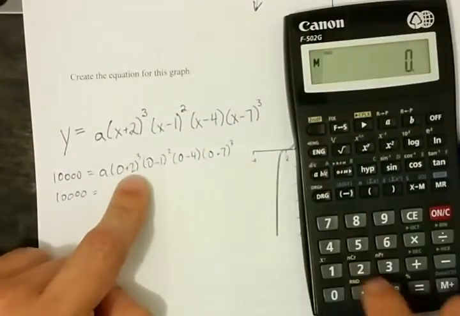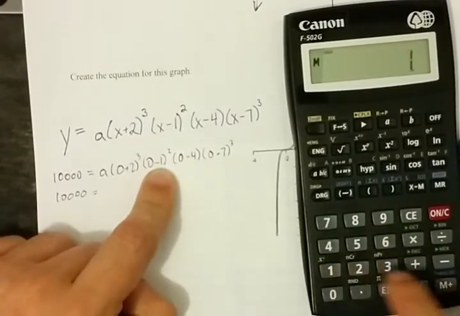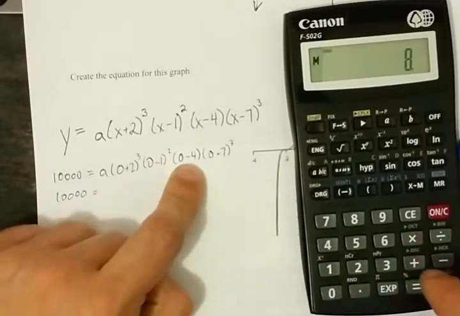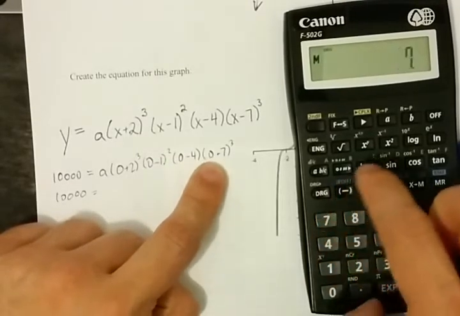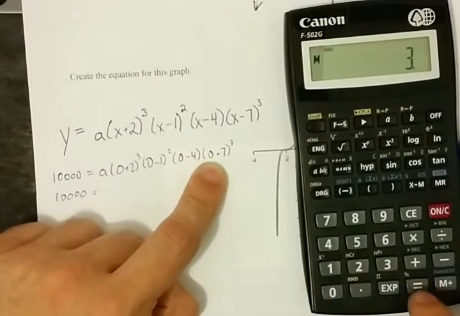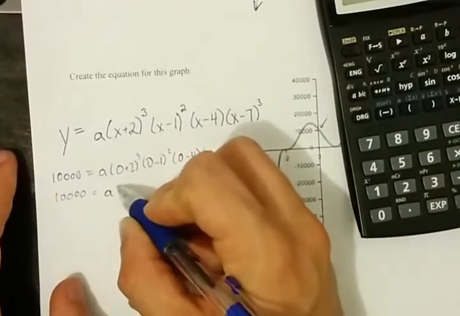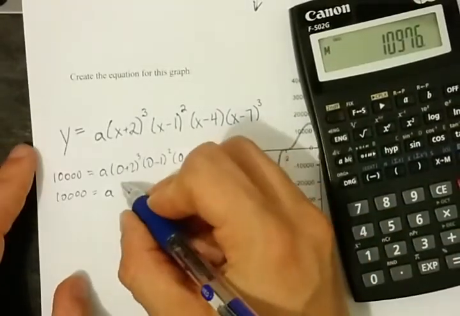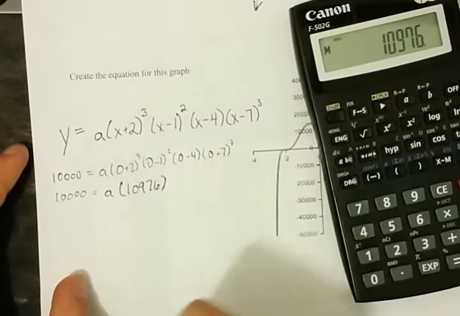So 2 to the power of 3 times negative 1 squared times negative 4 times negative 7, but cubed. That gives me, oops, maybe you want to see that, 10,976, positive.